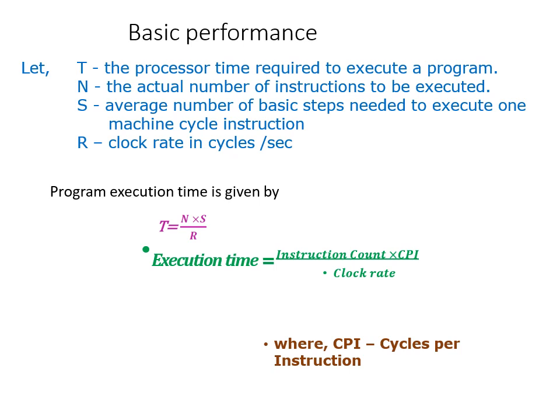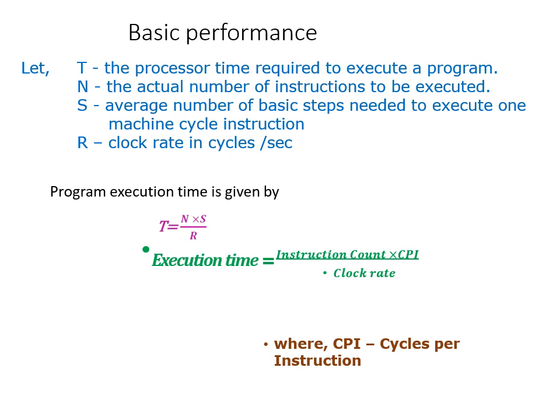The basic performance of the system is evaluated by the program execution time, given by the formula T = N × S / R, where T refers to the processor time required to execute a program and N denotes the actual number of instructions to be executed.